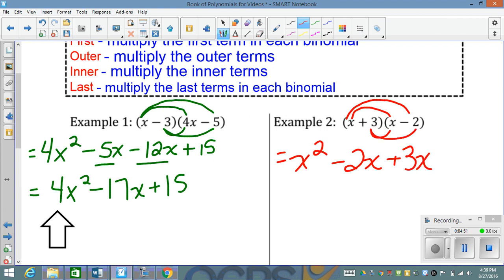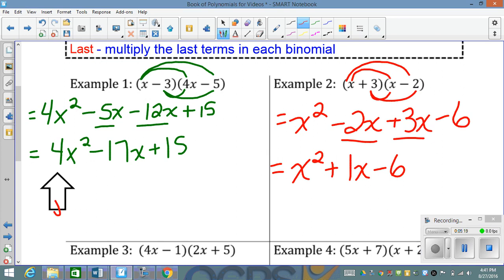And last, 3 times -2 is -6. Notice I don't put plus a -6, I just put -6. Plus a -6 wouldn't be wrong, it's just busy. Okay, combining my like terms, my O and my I here. Here's my x squared. Negative 2 plus 3, signs are different, so I subtract and keep the sign of the larger. And then minus 6.